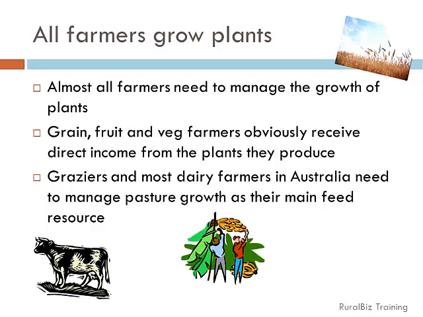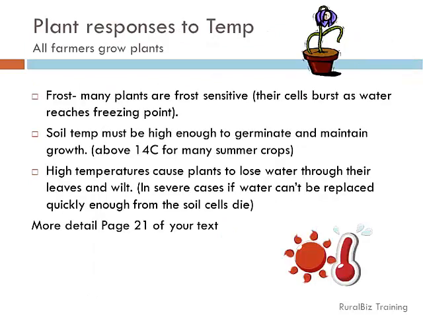Graziers and most dairy farmers, at least in Australia, need to manage pasture growth as their main feed resource. I guess there's people in feedlots and chicken producers and a few others that don't physically grow any grass, but just about all of us, the growth of plants is the starting point for our business.